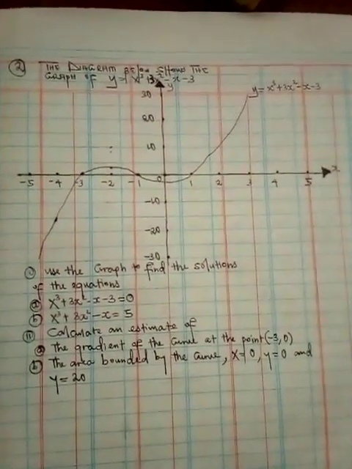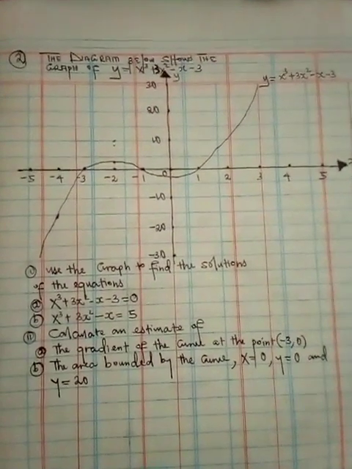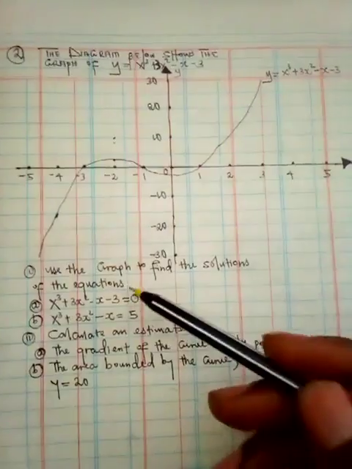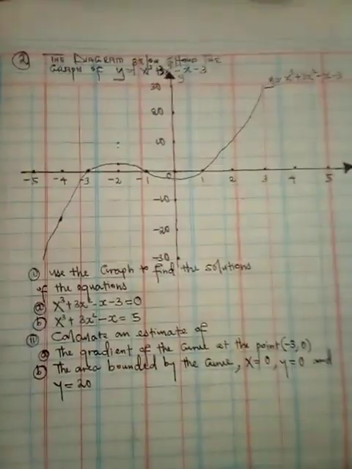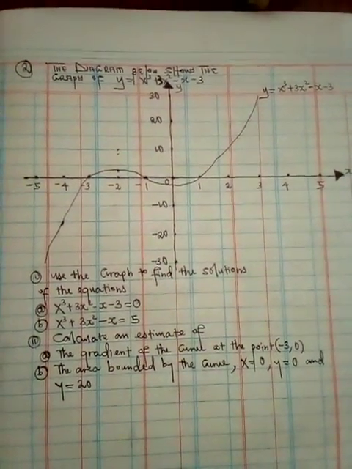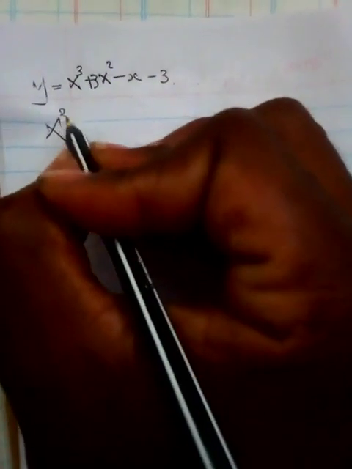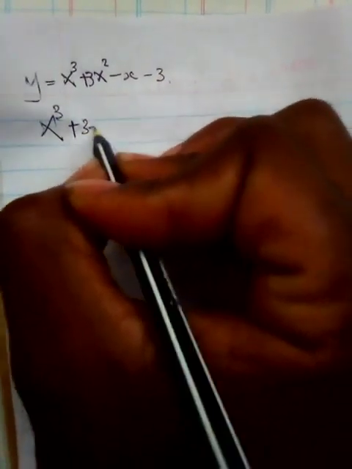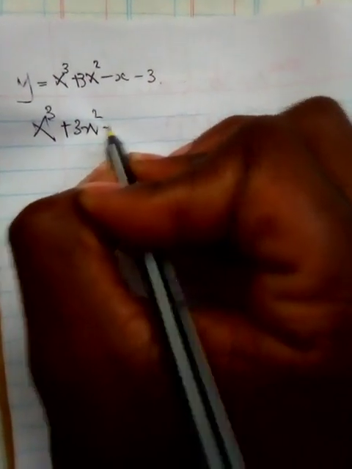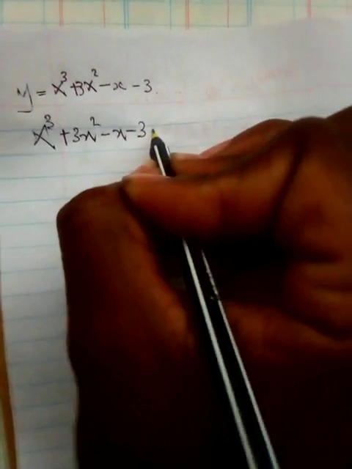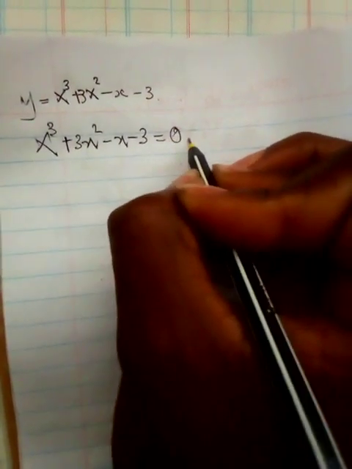Remember, like we had seen previously, it's very much important that you compare the equation you have been given to solve with your original given equation. So this is y is equal to x to the power 3 plus 3x squared minus x minus 3. This is our original equation. The one that we have been asked to solve is x to the power 3 plus 3x squared minus x minus 3 is equal to 0.